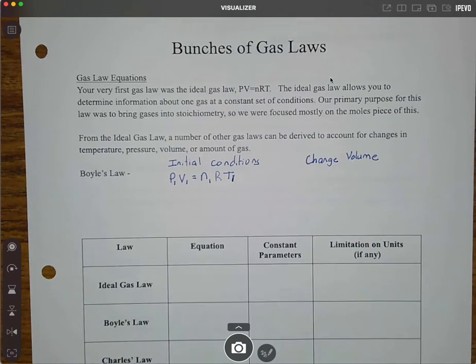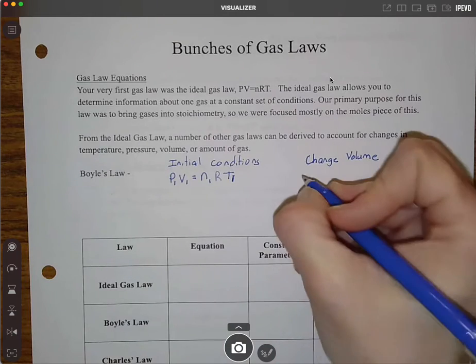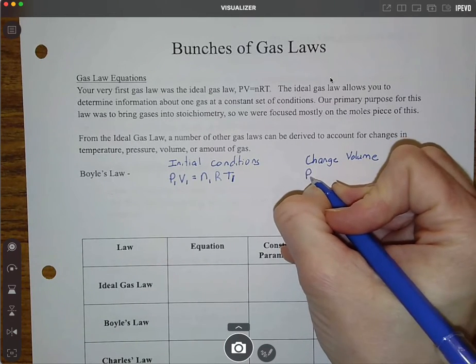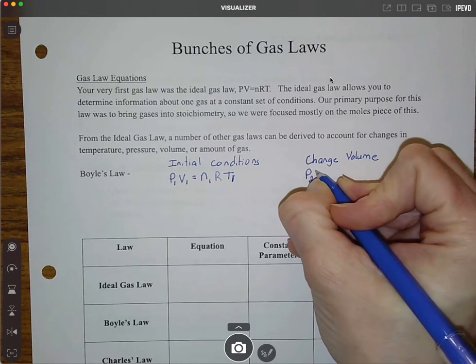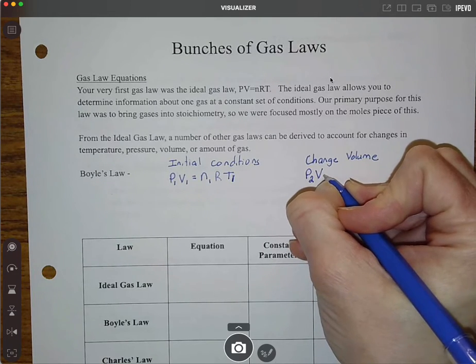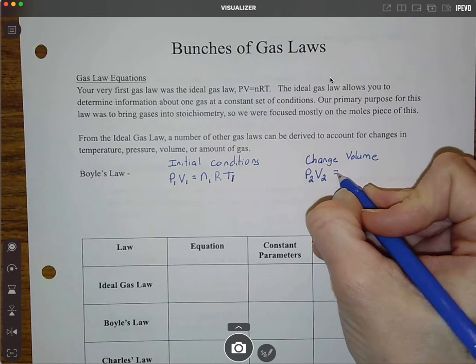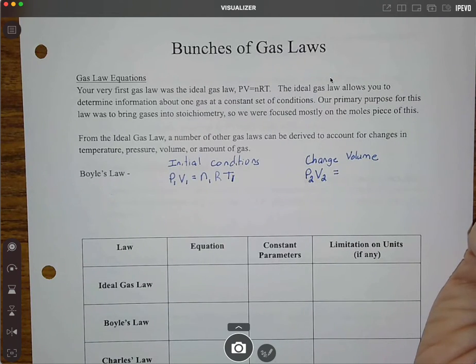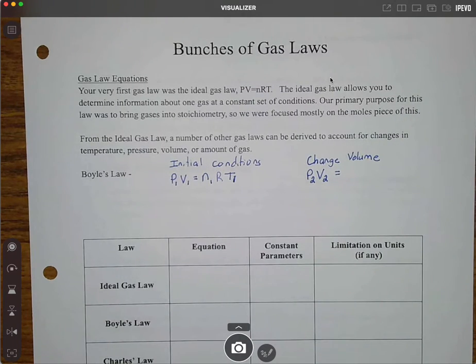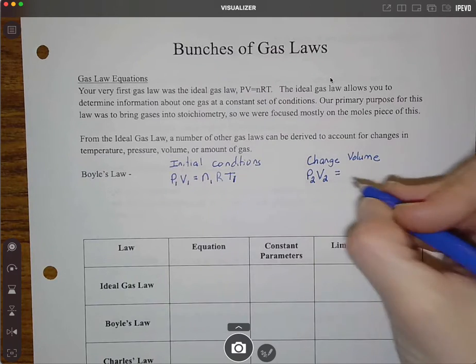Now, you decide to change the volume in your syringe. Maybe you push the plunger in. You've seen from that lab that when you push the plunger in, the pressure changes to a new pressure because you changed the volume to a new volume, but because of the way you had the experiment set up, the amount of gas inside the syringe doesn't change because you didn't screw it off the pressure sensor and take in more gas or let any gas out.